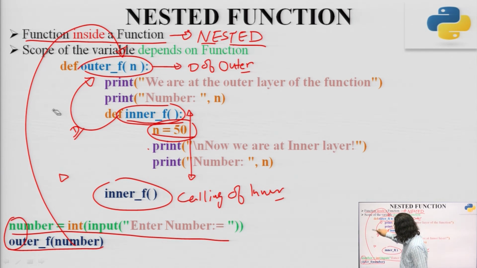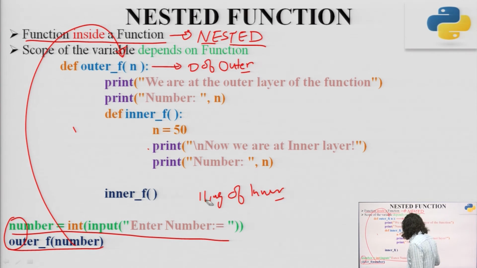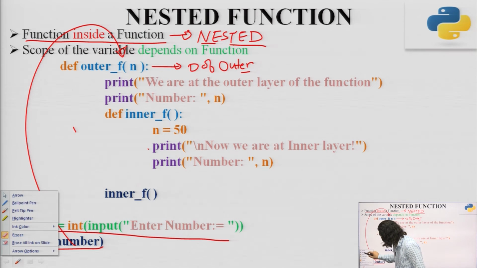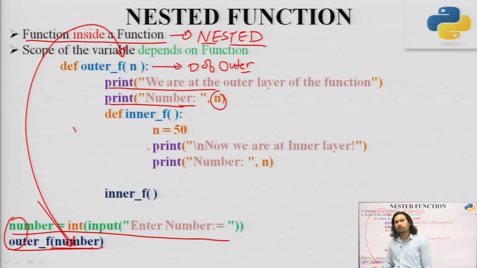Now here you need to understand that when we call this function, it goes directly to the definition of the outer function, and in that definition the very first thing encountered is the print statement, saying that we are at the outer layer of the function. Similarly, we are printing the number. This value is n, which is taken as the argument number. So whatever number is taken from the user is directly transferred, and we check the output in the outer function.